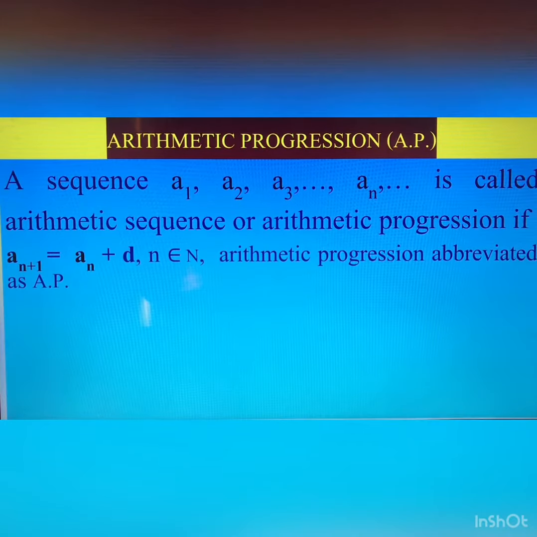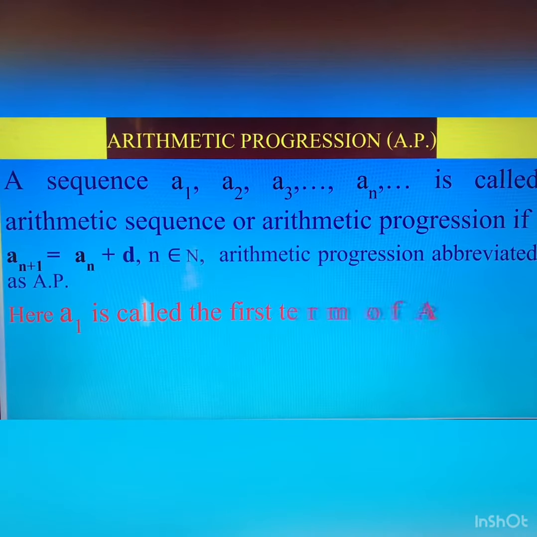Arithmetic progression is abbreviated as AP. So up to now, we can say this is AP.